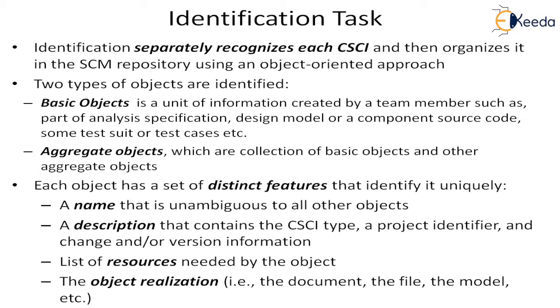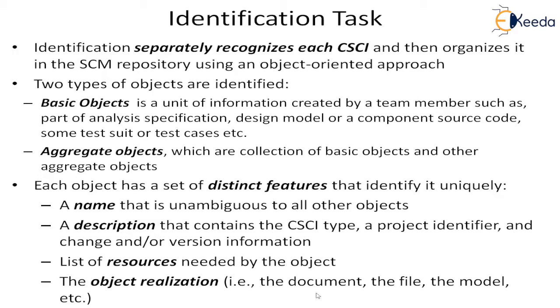And we have said that each object is identified separately. It will have some unique ID. Along with that unique ID, it will also have some distinct features which identify it as separate from the others. So there will be a name that is unambiguous to all other objects.